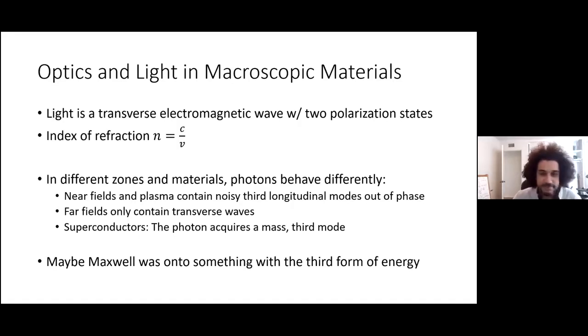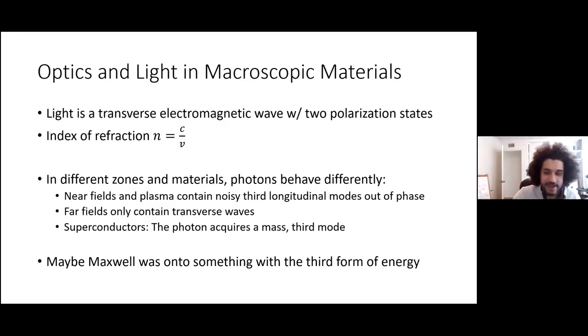And plasma physics also looks into these sort of noisy, out of phase modes that might be longitudinal, and they don't get into the radiation zone, but they are there in the near zone. So there are these third modes that exist, and also superconductors provide an effective mass to the photon inside the material, which is turning on this third mode.